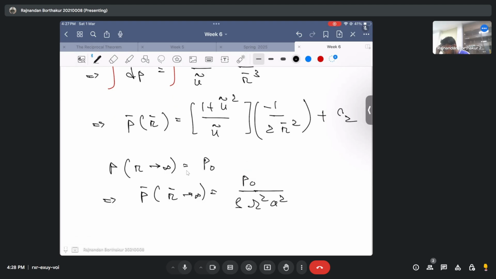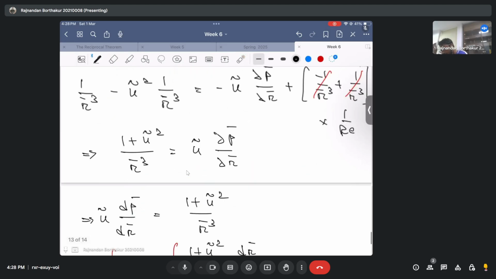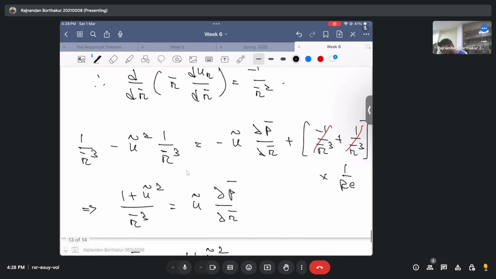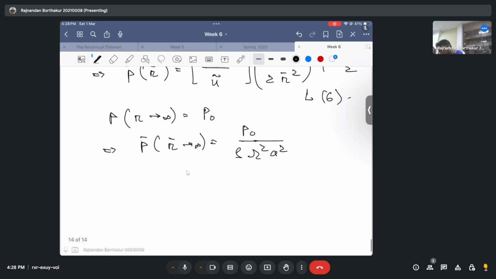So when r̄ goes to infinity, my pressure would be this. Let's name this equation 6a.